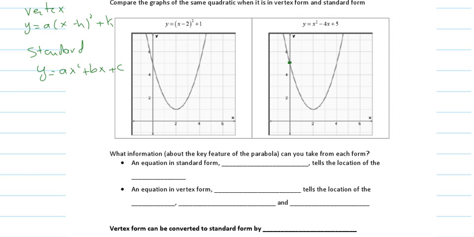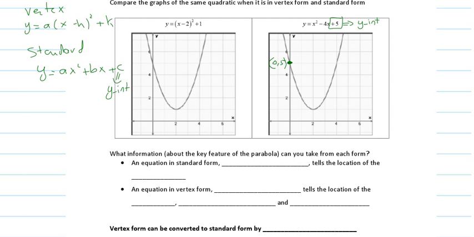So what part of this is the y-intercept? 5. The c, right? So in the standard form, the only thing you can find is the y-intercept, and it's always going to be that number that's by itself at the end.